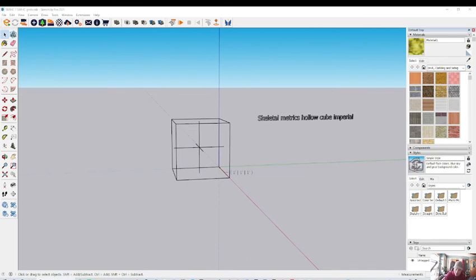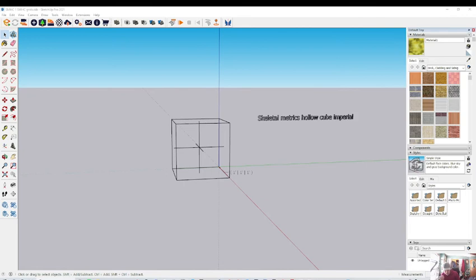Today I wanted to make a description about the skeletal metric hollow cube imperial. Skeletal metrics is an idea that came to me a few months back. I've been thinking about it ever since, and I think it's a really potent way to think about objects in 3D space.